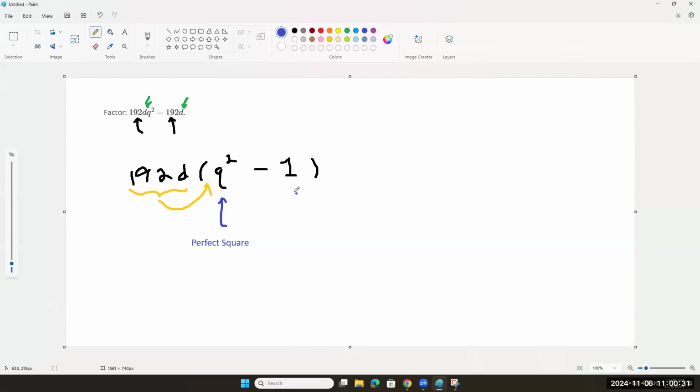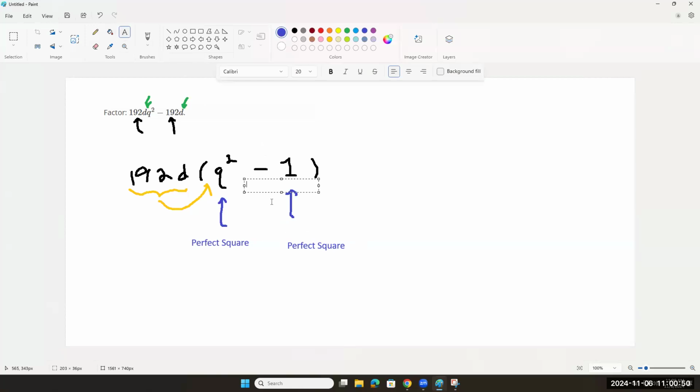And notice that 1 is also a perfect square. And not only that, but we have a minus sign here.